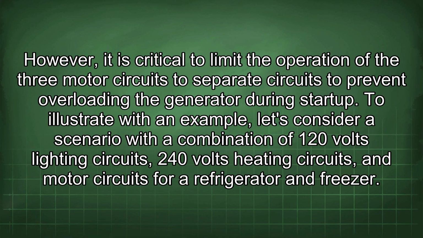However, it is critical to limit the operation of the three motor circuits to separate circuits to prevent overloading the generator during startup. To illustrate with an example, let's consider a scenario with a combination of 120 volt lighting circuits, 240 volt heating circuits, and motor circuits for a refrigerator and freezer.